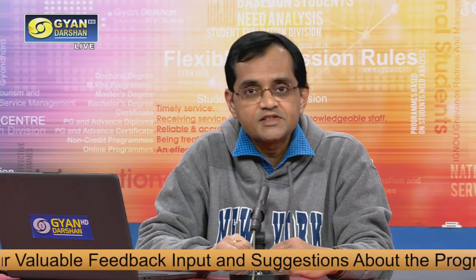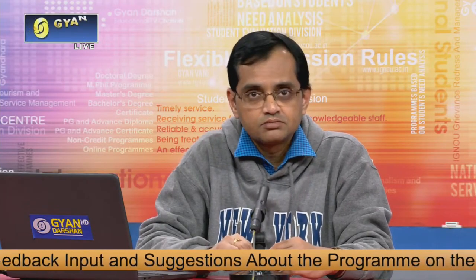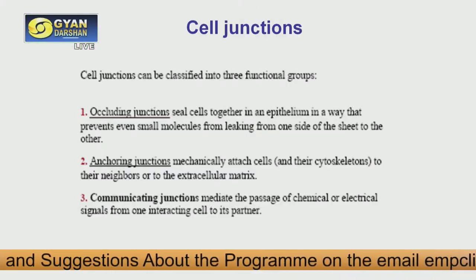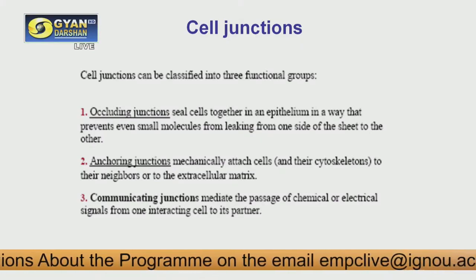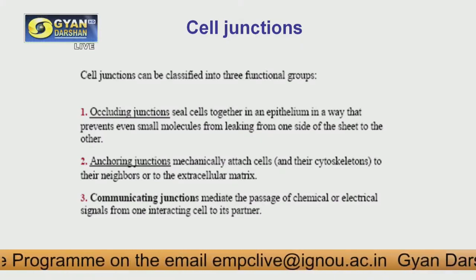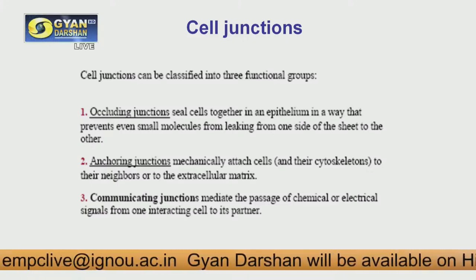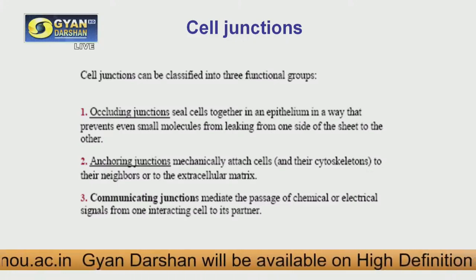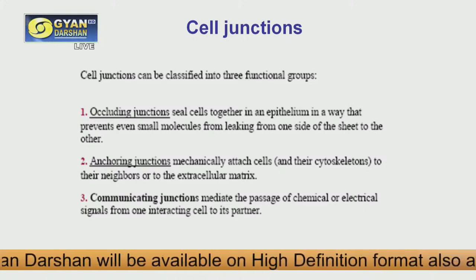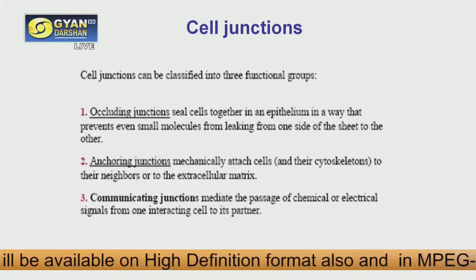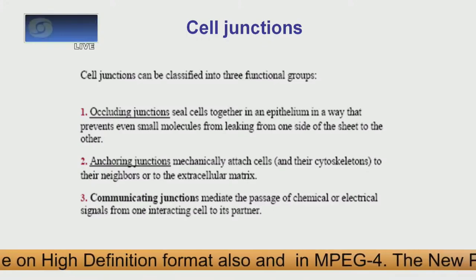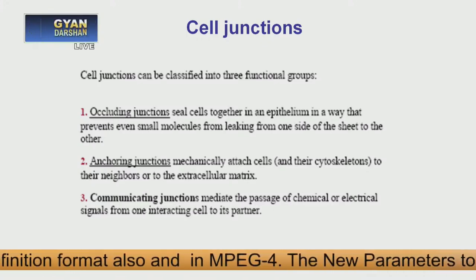Now these cells need to communicate, and therefore in order to mediate this communication, there should be some sort of cell-cell interaction, or there should be some sort of cell-cell junctions. That is, between two cells, there are some points which are actually meant by the junctions.